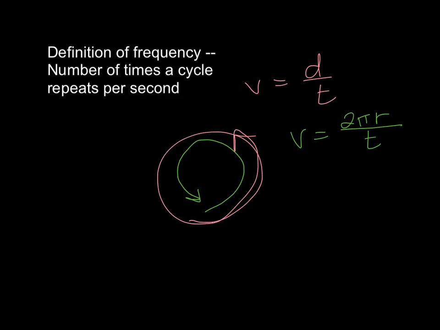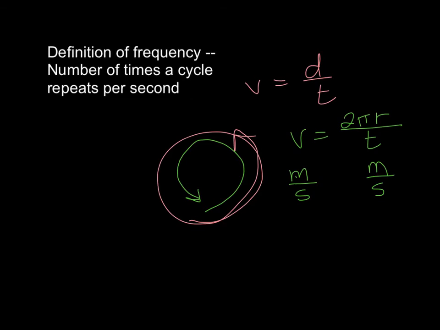So far so good? This is in meters per second, and this is still meters per second. So this is how we can relate the velocity to the circular motion itself.